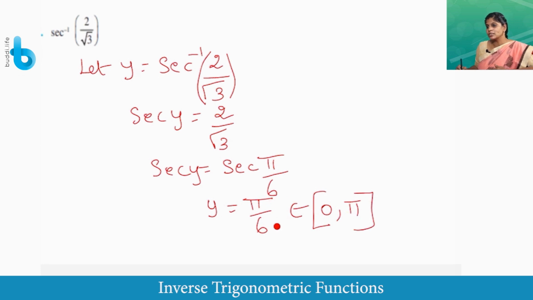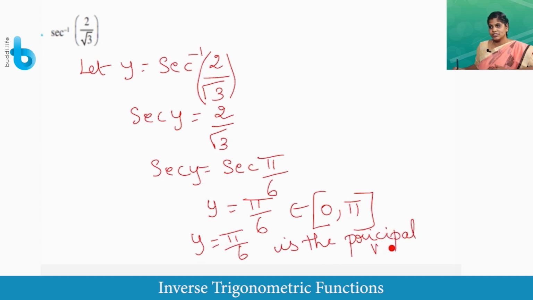Pi by 6 is 30 degree. 0 to pi is 0 to 180 degree. Obviously, it lies under the range. Therefore, y equal to pi by 6 is the principal value. Every answer you give, finish like this. Okay. Next question.